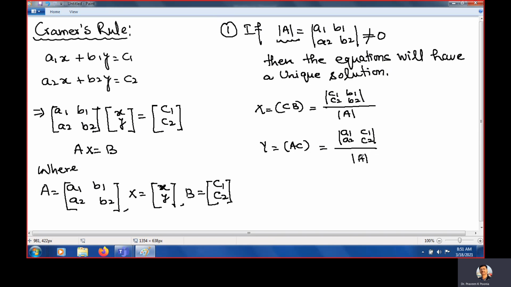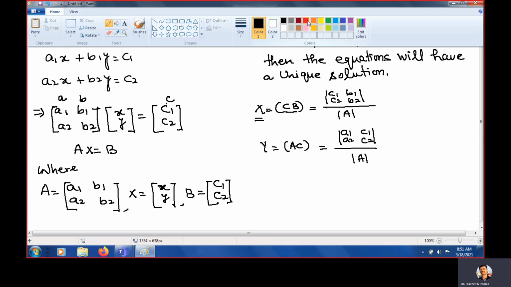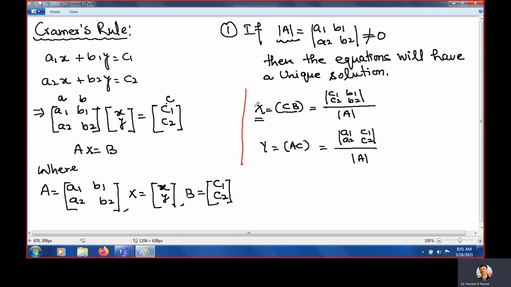So the method is very simple. It is not very complex. What you need to do, you consider it A, you consider it B, you consider it C. So in x, it is CB, the values of C and B upon determinant of A, and y is equal to AC, the values of A and C upon determinant of A. So the only thing you need to do is learn these two values.